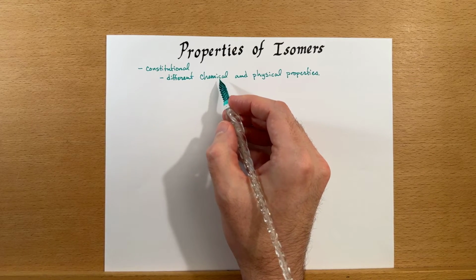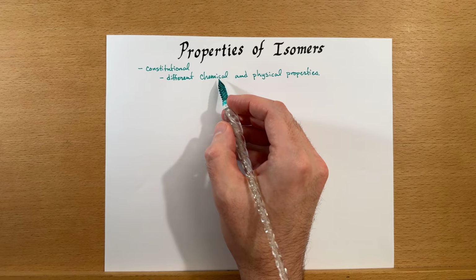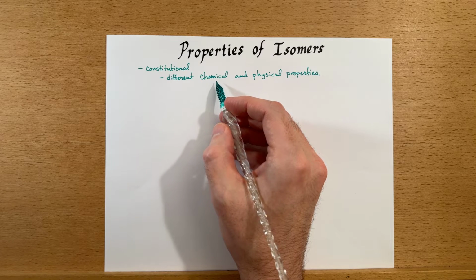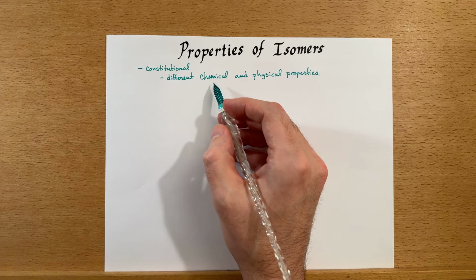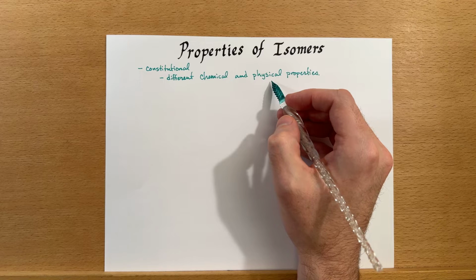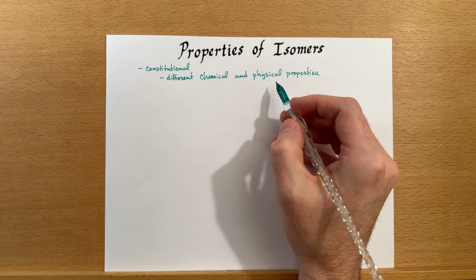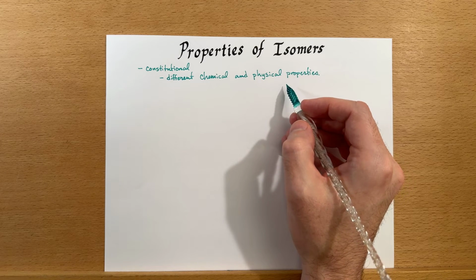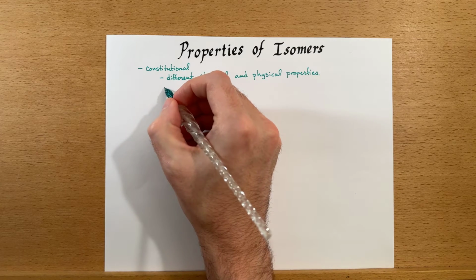So they will react differently. They will make different products if we undergo chemical reactions. They also have different melting points, boiling points, densities, a lot of different properties there. And these can have the widest variety of properties.